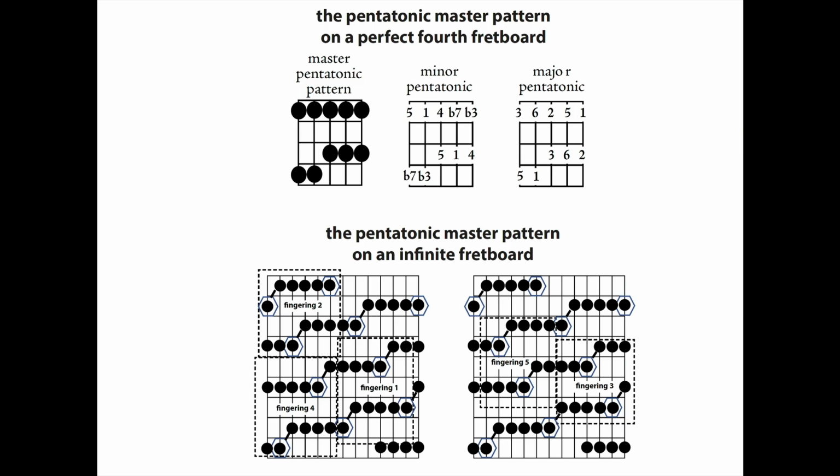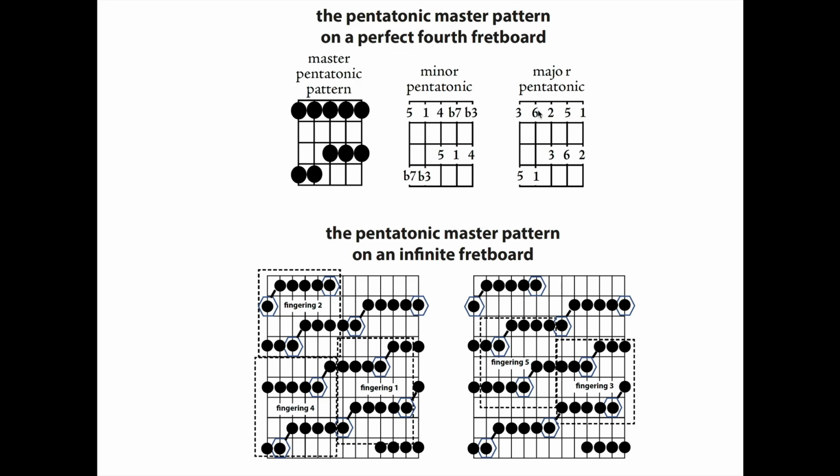Now continuing with the idea of using a guitar tuned entirely in perfect fourths on all these diagrams. First on the upper left, you can see the master pattern, and to the right is its implementation for the minor pentatonic, or notice the low octave key is on the next to the largest string where there's a 1.